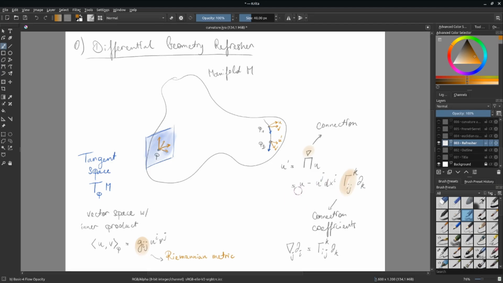For example, it's described as something like this. If I have a vector u at p1 and I want to obtain u' at p2, I do this operation, and it gives me u minus this operation, where dx^i is a displacement in the i-th coordinate.